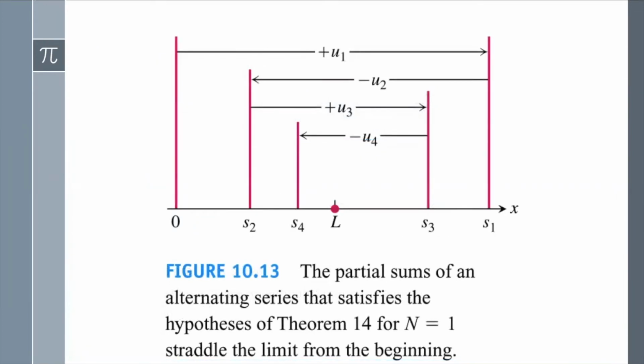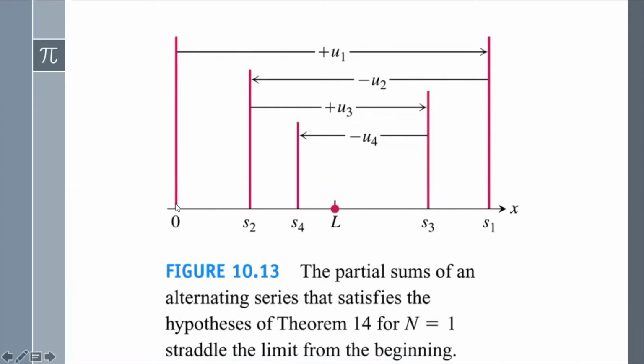All right, here's a picture. The partial sums of an alternating series that satisfies the hypotheses of the theorem we were just looking at. For n equals 1, straddle the limit from the beginning.